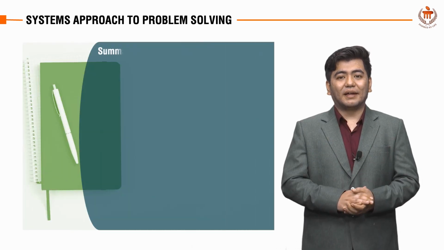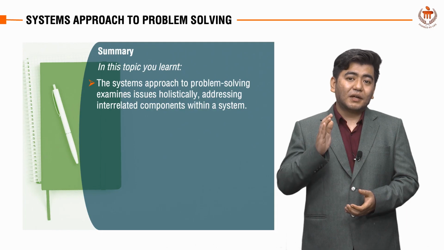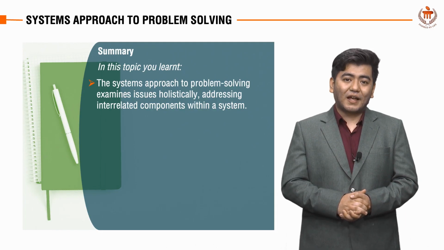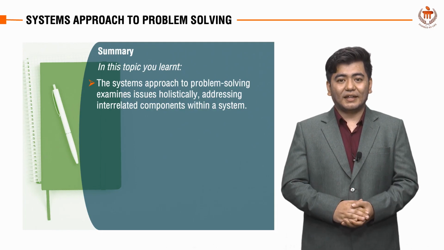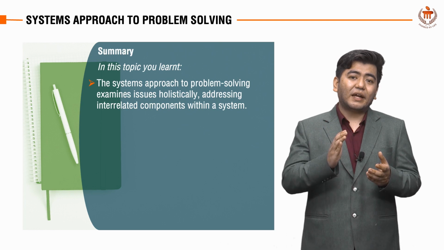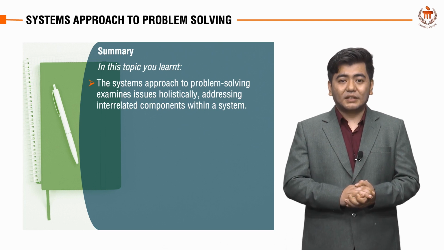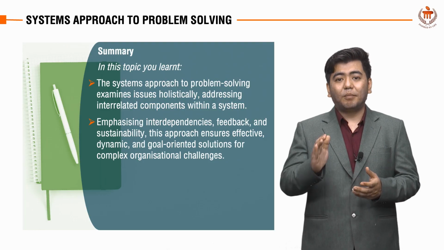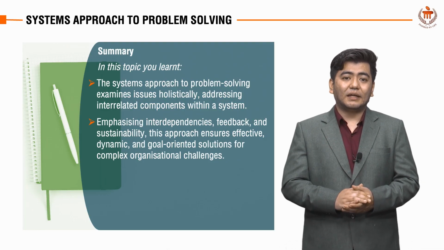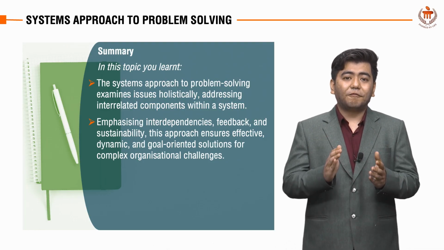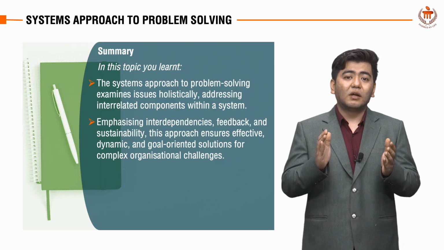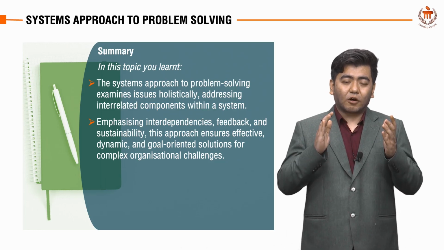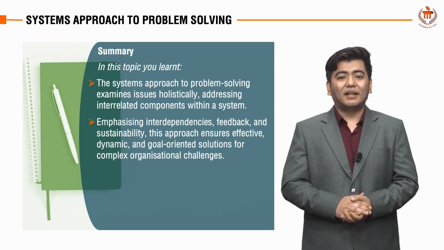In this topic, you have learned the systems approach to problem solving examines issues holistically, addressing interrelated components within a system, emphasizing interdependencies, feedback, and sustainability. This approach ensures effective, dynamic, and goal oriented solutions for complex organizational challenges.